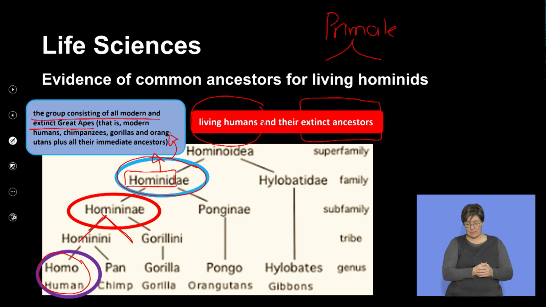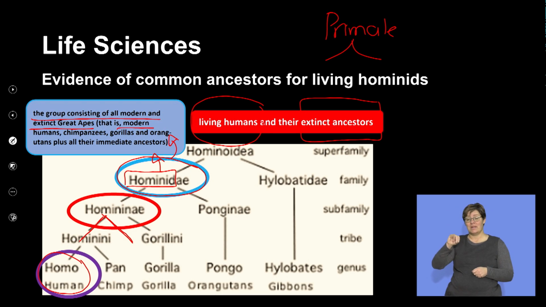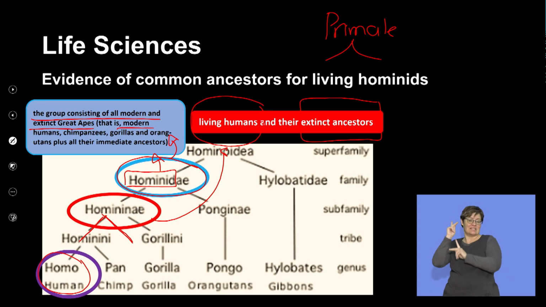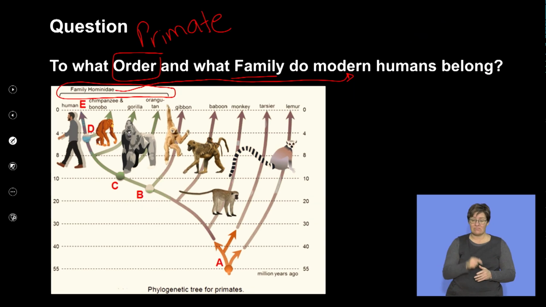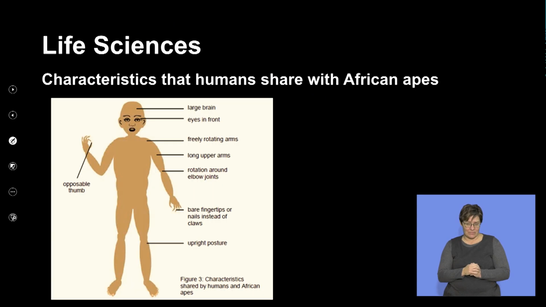And guys, we fit into that, all right? We're modern humans, chimpanzees, we with them. Then they asked you what are hominins. This is a hominin. They are all living humans and their extinct ancestors. That is a really important concept that you guys, all right, are going to need to understand.